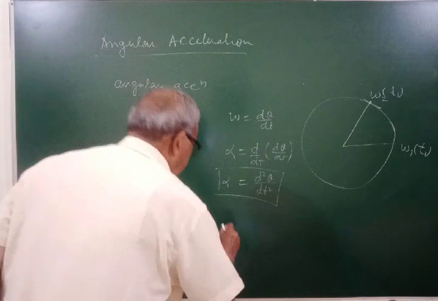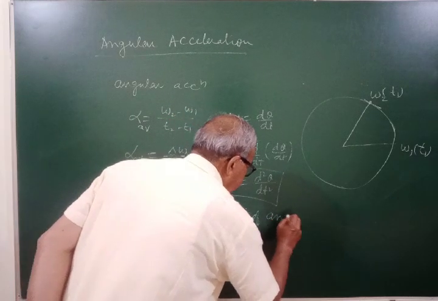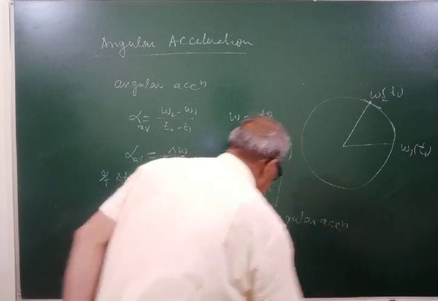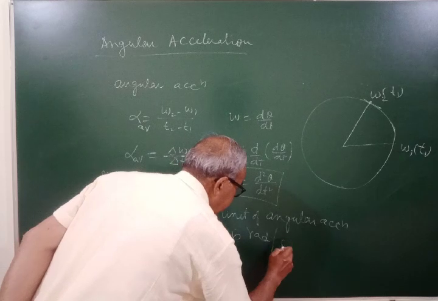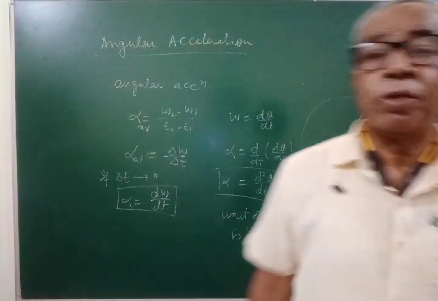The unit of alpha, the unit of angular acceleration, is radian per second square. It is also a vector quantity.